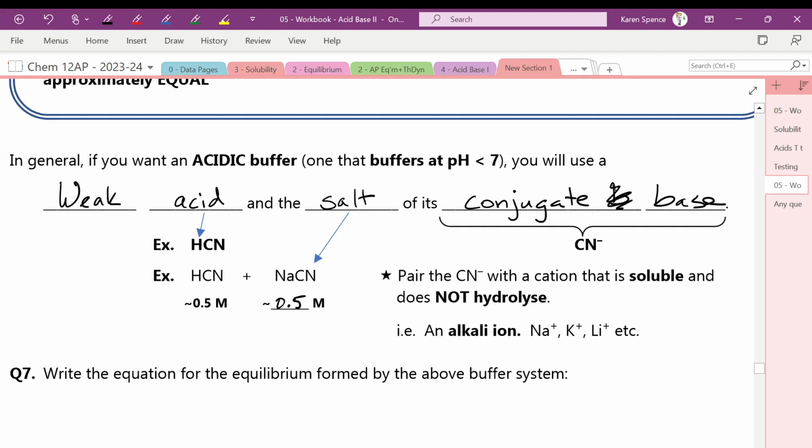Could you please write the equation for the equilibrium formed by this buffer system?